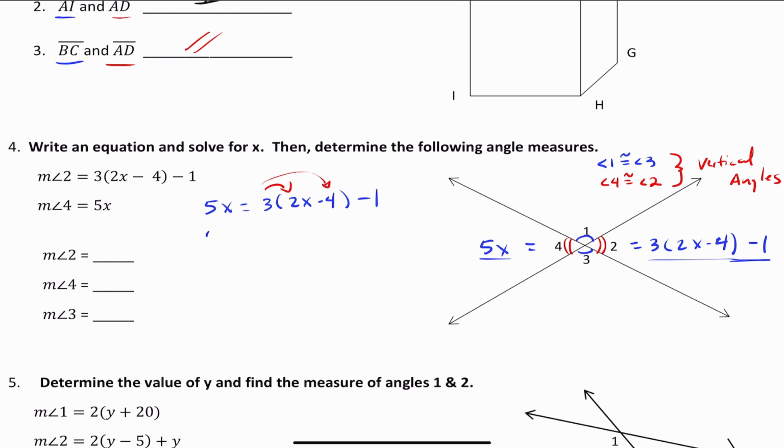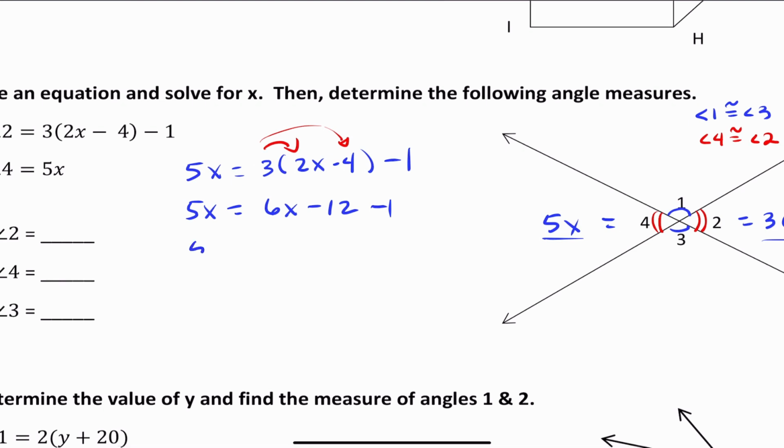So I have 5x on the left-hand side is equal to 3 times 2x, which is 6x, 3 times negative 4 is negative 12, and then that's just the minus 1. You don't distribute the 3 to the negative 1. The only thing you distribute is whatever's inside the parentheses. So don't make that mistake. I almost did. Don't make that mistake.